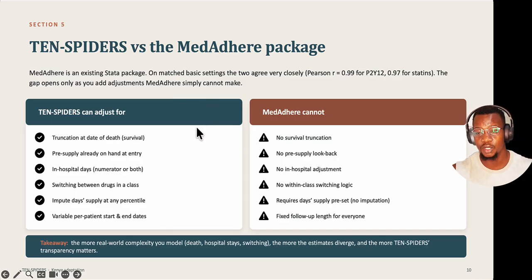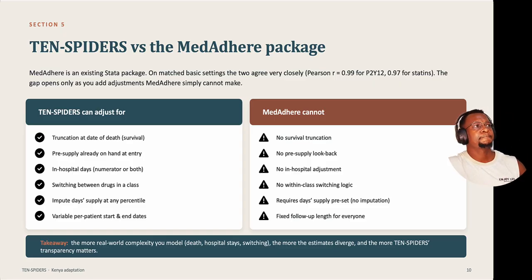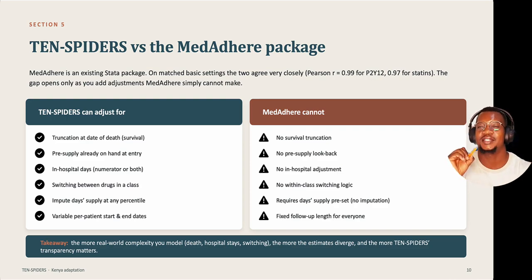Anyway, we can see from our slide the main differences between Ten Spiders and the Medavia package. The package is also open source, but the disadvantage is that it does not take care of survival truncation. Survival truncation simply means that even when the patient dies, the calculation extends all the way; we don't stop at the patient's death.